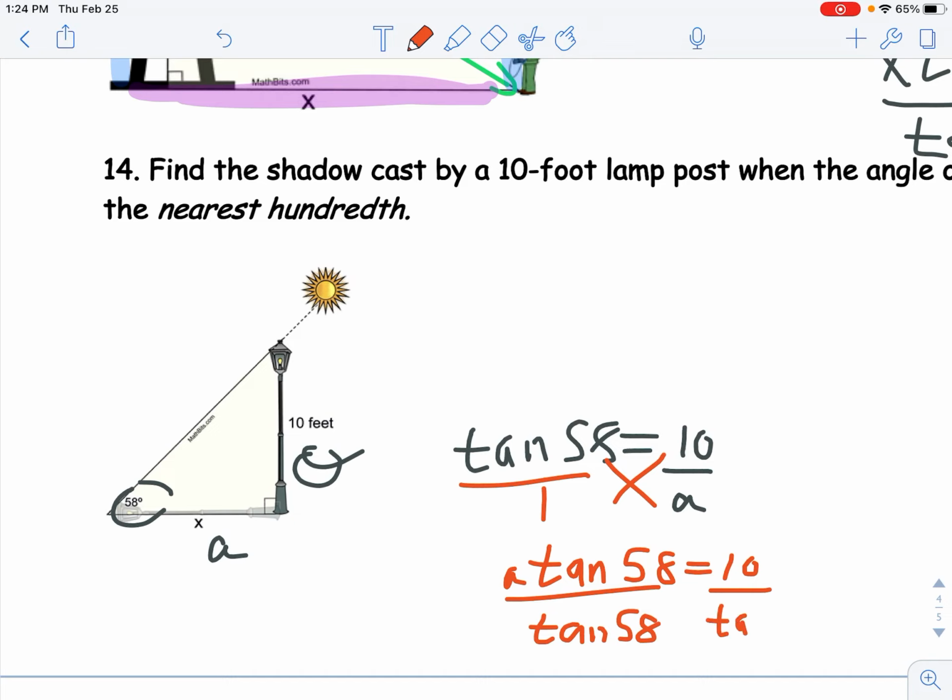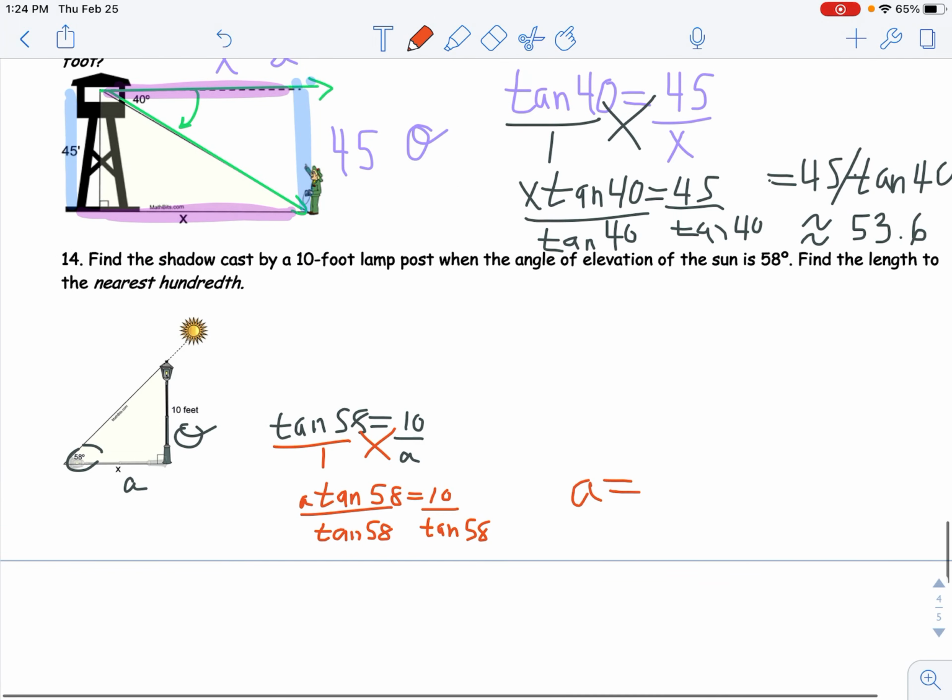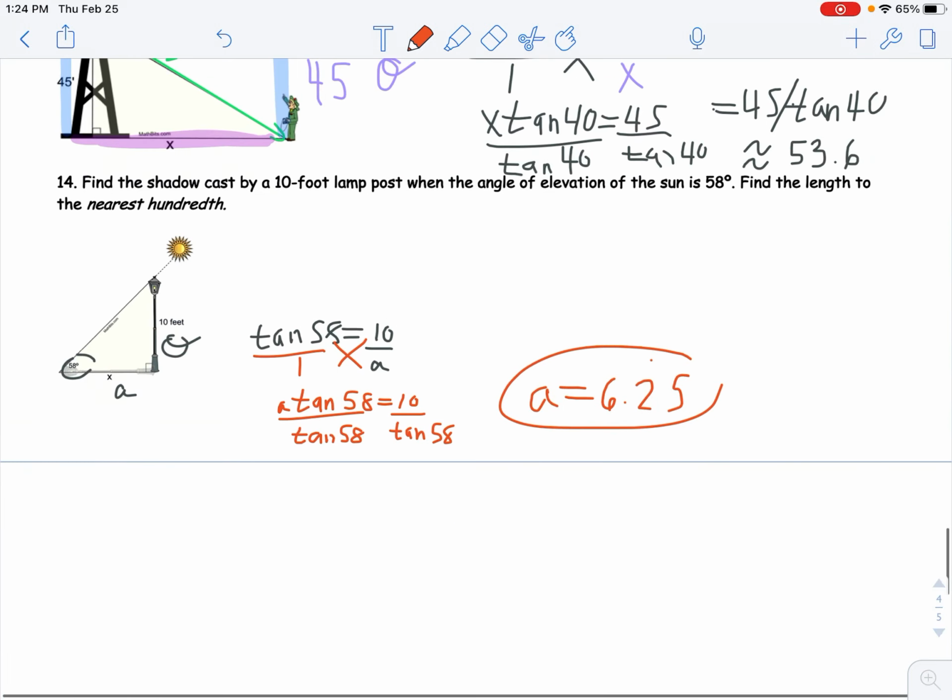Variables in the denominator again. That always requires just a little bit more calculation. We're going to get a equals 6.25. All right, and that's it.